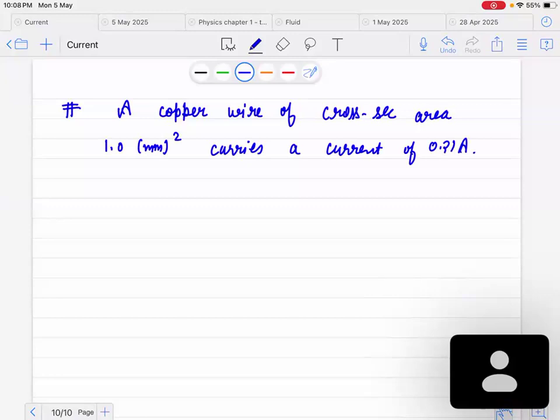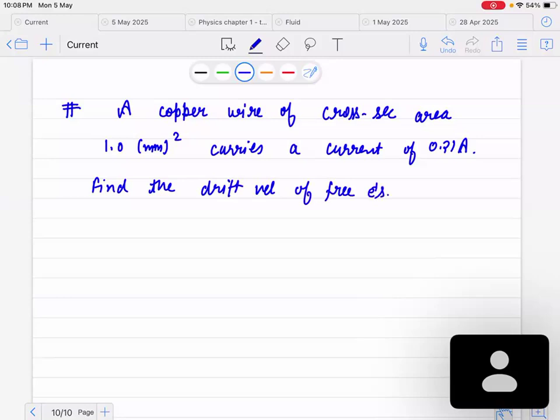Find the drift velocity of free electrons.